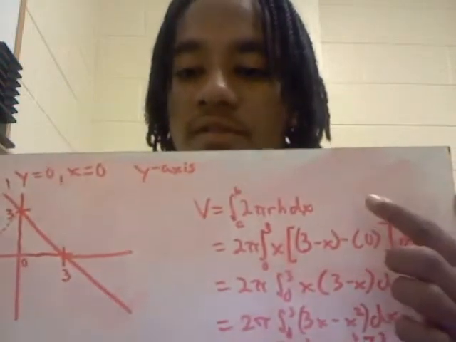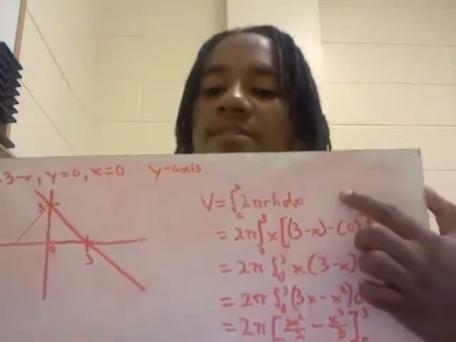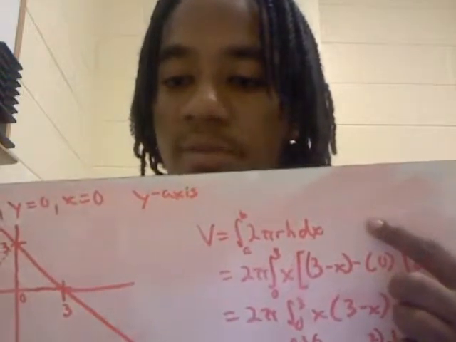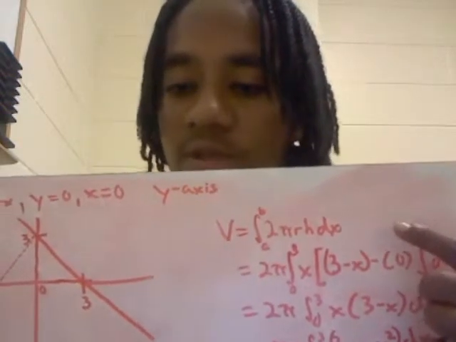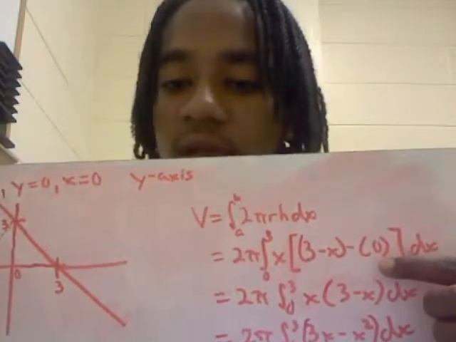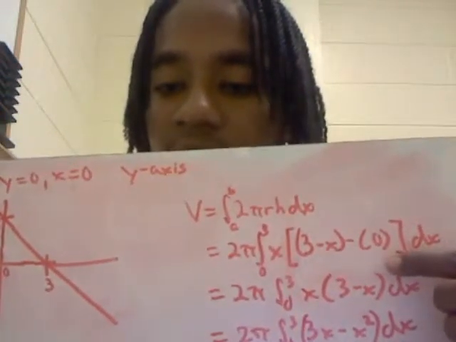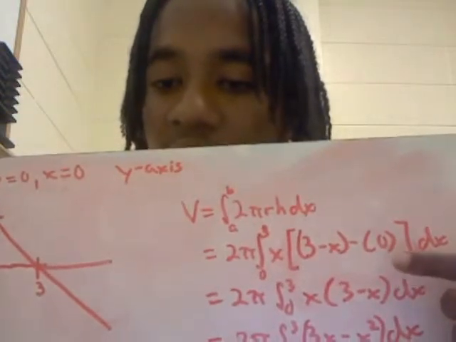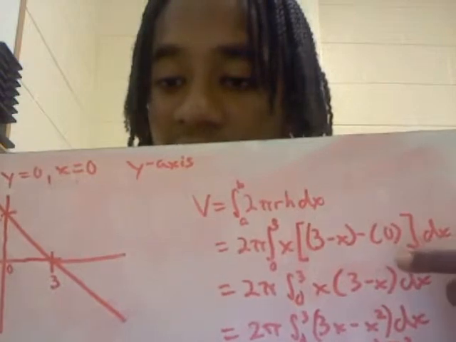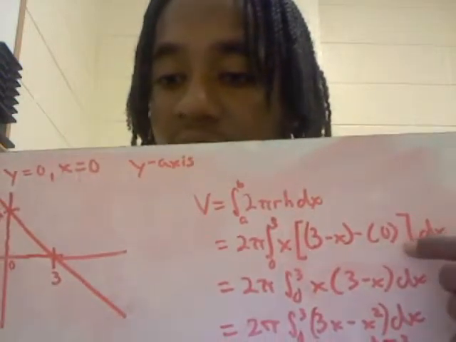Now we must solve for the volume by the shell method, which is going to be from a to b 2 pi r h dx, which can be changed by substituting in the variables into 2 pi from 0 to 3 of x times 3 minus x minus the 0.